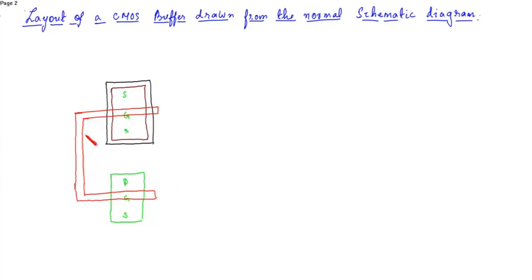These two gates are connected, the gate of the PMOS and NMOS. This is the input, that is, over here we have taken input as A.